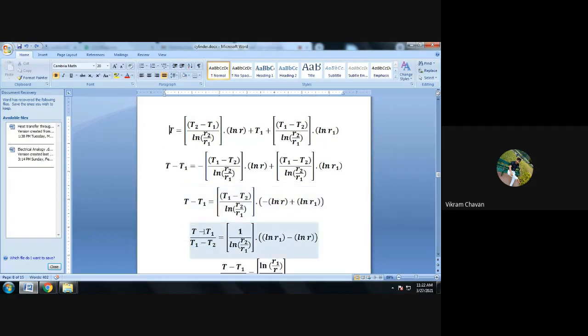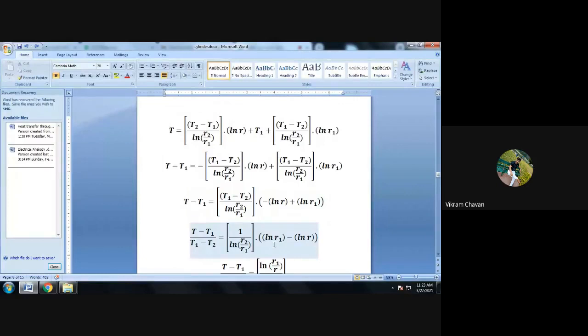So it becomes T minus T1 whole divided by T1 minus T2, will be equal to, what remains in the square bracket, only 1 divided by ln of R2 divided by R1, multiplied by the bracket. We have rearranged this by taking the positive term first and shifting the negative term to the second position.